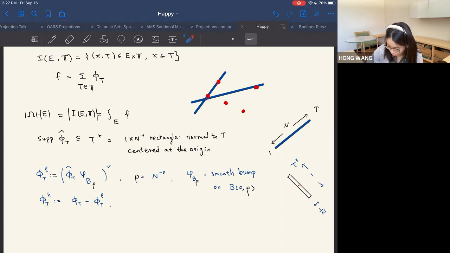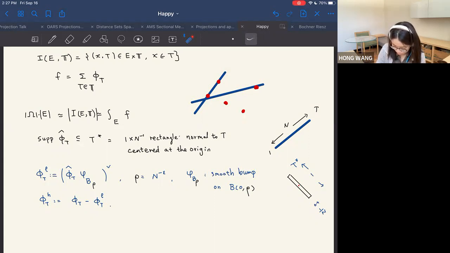And then on each unit ball in E, there is a set of n tubes passing through it. And we want to say that the union of those tubes is large, so the number of those tubes is large.